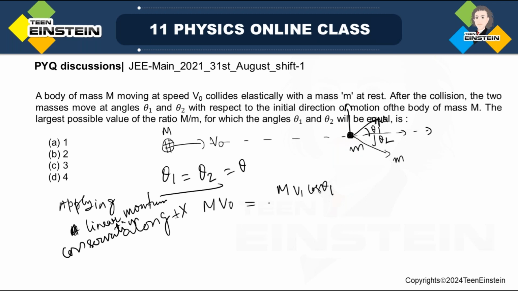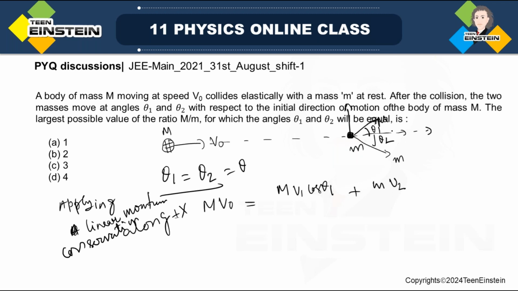Plus small m cos theta 2. Let us say the speeds on either side are v1 and v2.